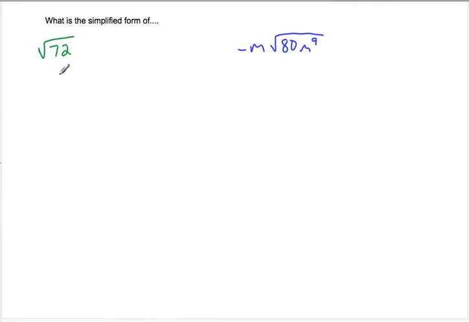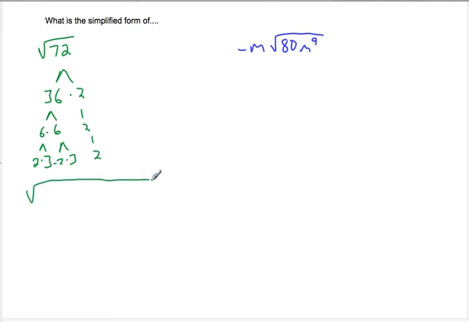So for 72, I'm going to break that up into 36 and 2, 6 and 6 and 2, and then 2, 3, 2, 3, and 2. So the pieces of 72 are a 2 and a 2 and a 2 and a 3 and a 3.